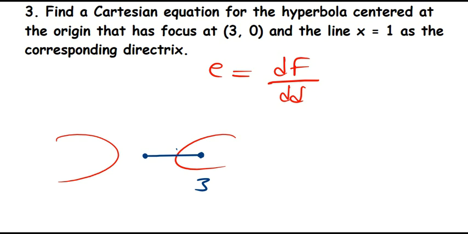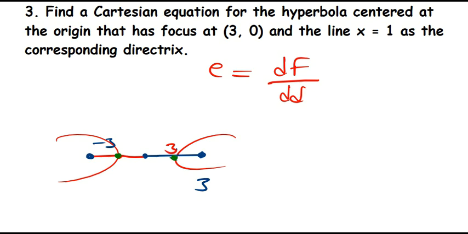So that becomes the distance from the center to the focus. If the center is at the origin, then on the other side it would be (-3, 0). Remember, the foci of a hyperbola are beyond the vertices. The vertices are these points.